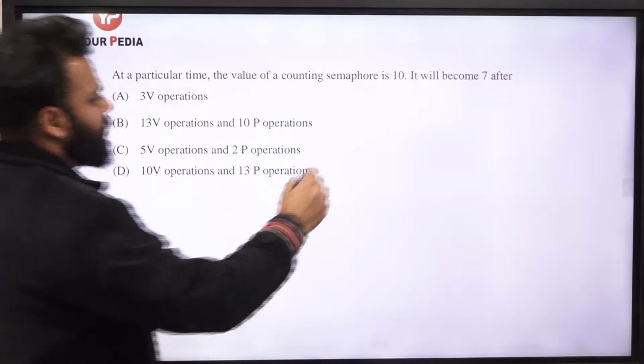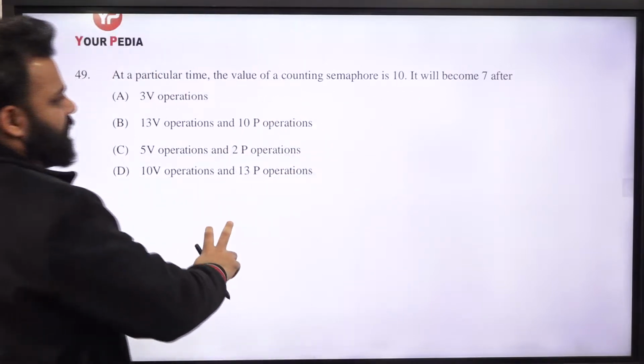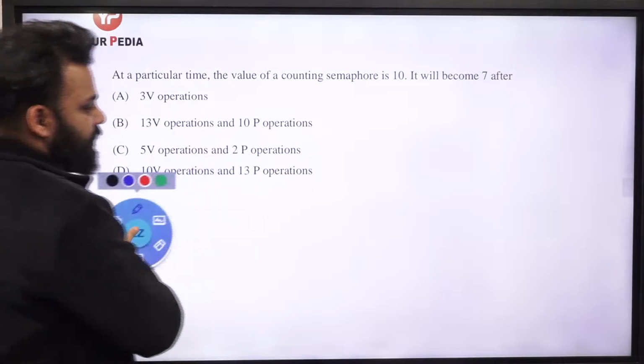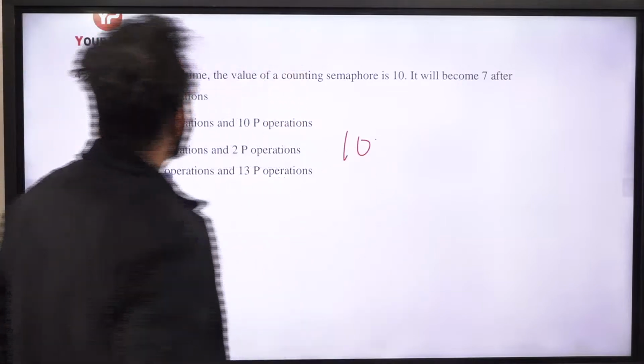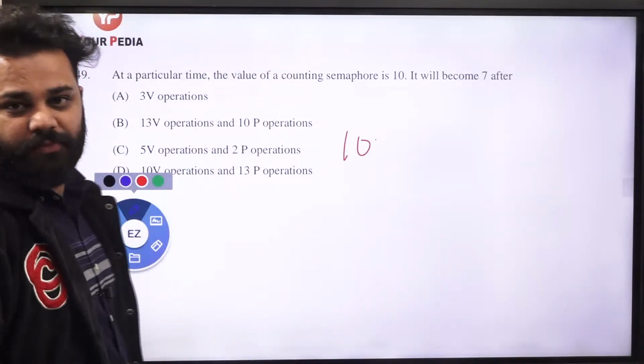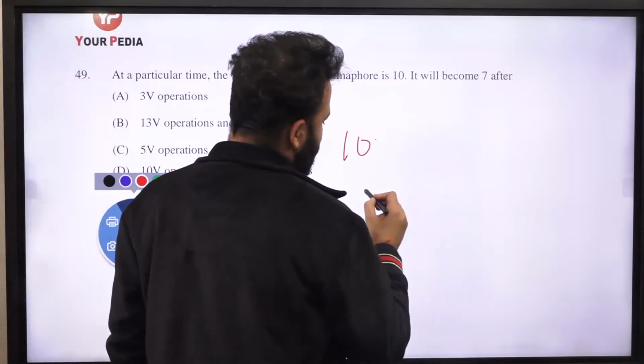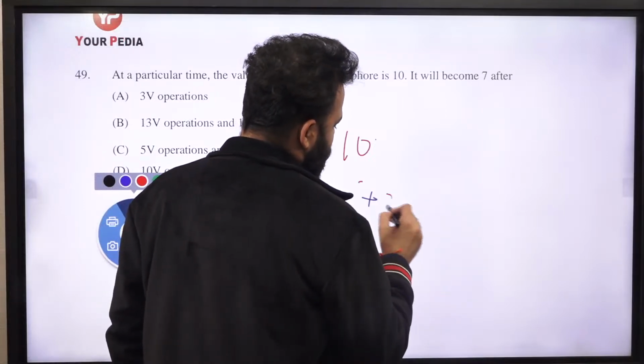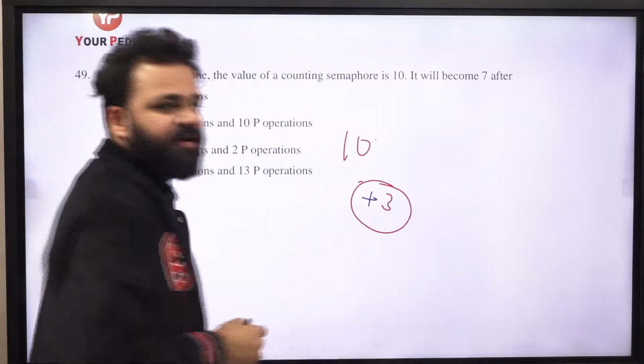Okay, so the value of the counting semaphore given is 10, and it will become 7 after some time. So it means there were a total of 3 extra down operations.